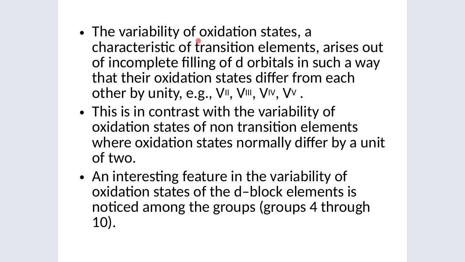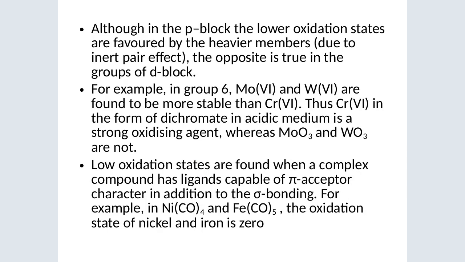So that variability in oxidation states is a characteristic of transition elements and arises out of incomplete filling of d orbitals in such a way that the oxidation states differ from each other just by unity, unlike the p block elements, which differ by up to 2 electrons. Okay, so if you consider the p block, this is what I've just explained.